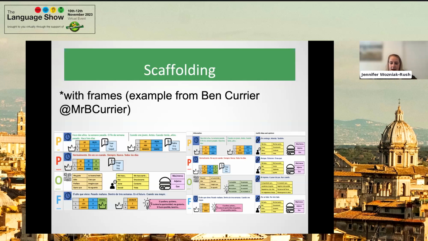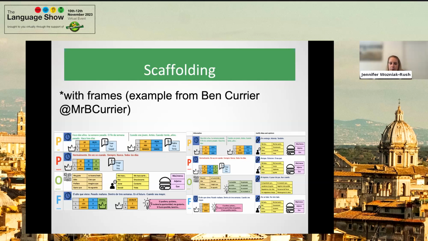So here is an example that you can use. Provide pupils with a complex structure so that they are using it and building confidence in using it. And as you can see, there are some examples of subjunctives as well. That is very hard, but pupils are used to it because it's the same format all the time. So it almost becomes automatic for them.